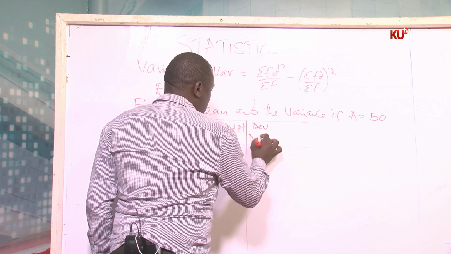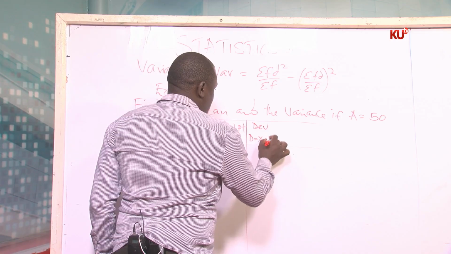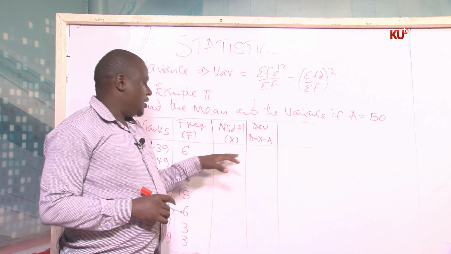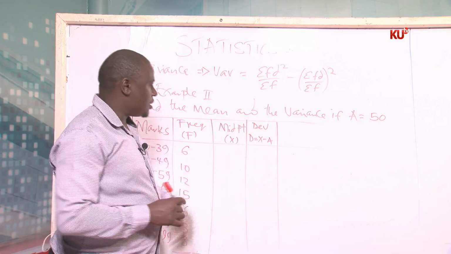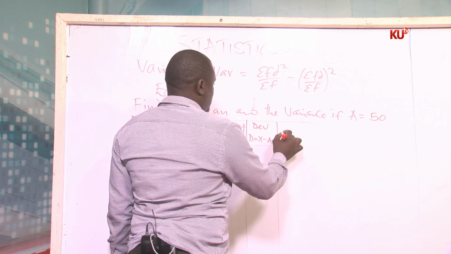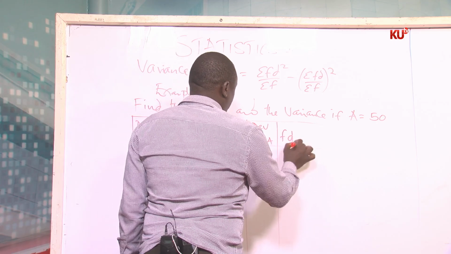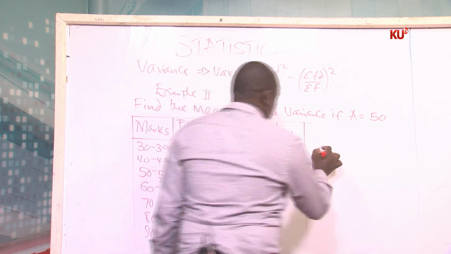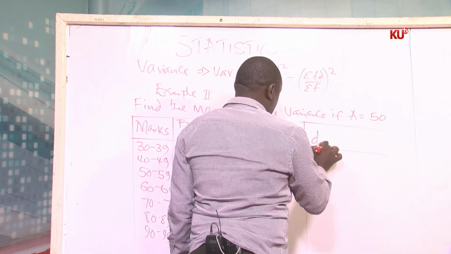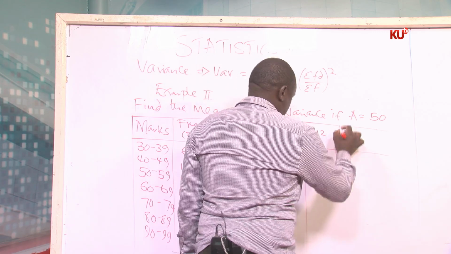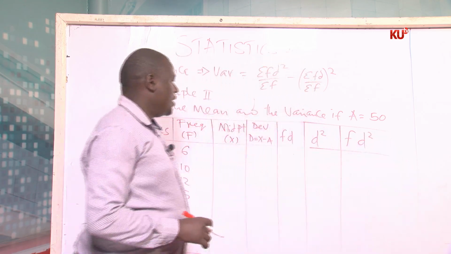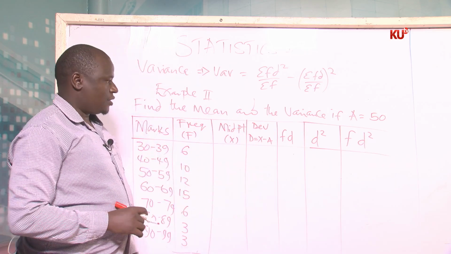And we are saying D is given by x minus A. Deviation is given by midpoint minus assumed mean. Once we get midpoint and deviation, we shall get a column of FD. Then we are introducing another two columns of D squared, and lastly, FD squared. These ones we have already dealt with.